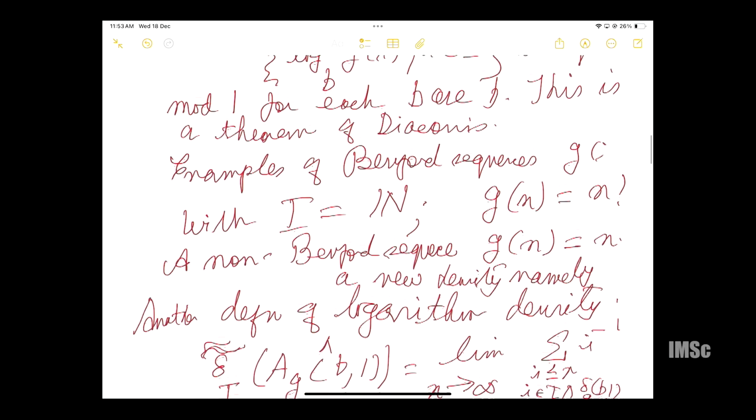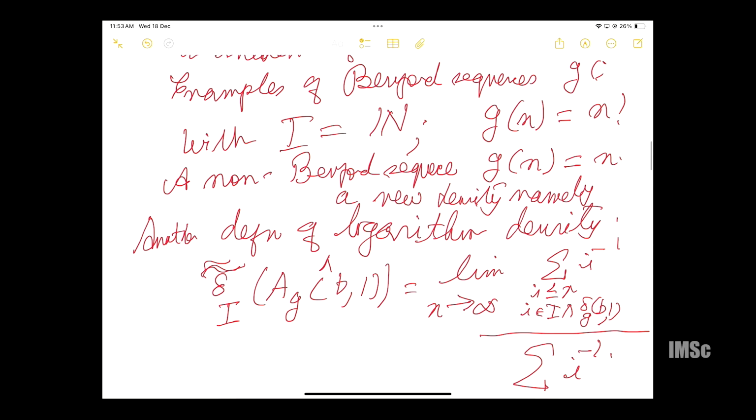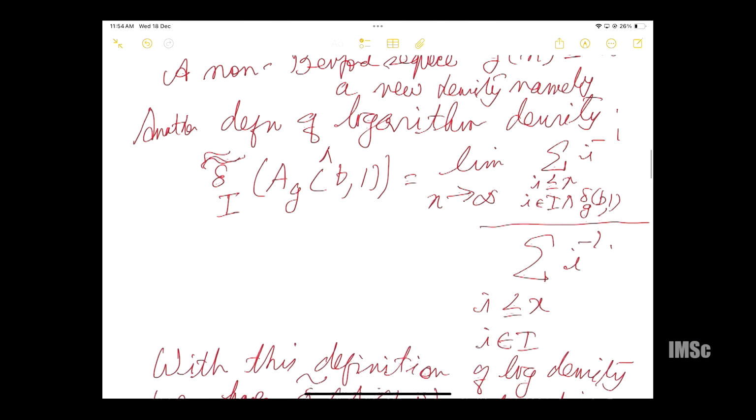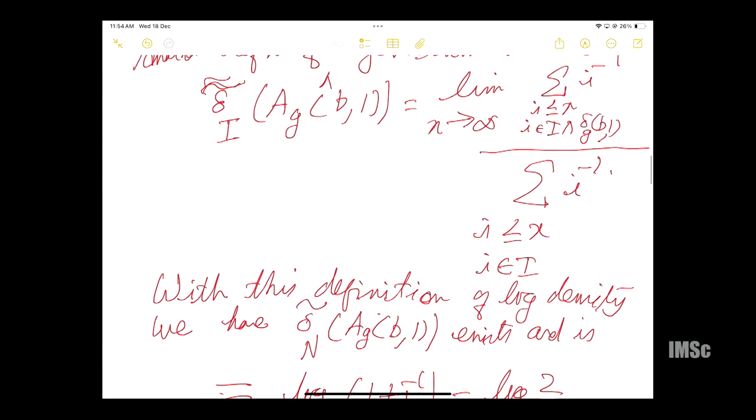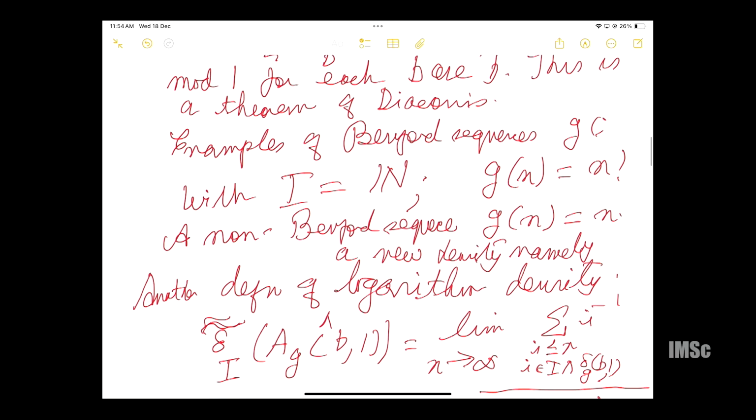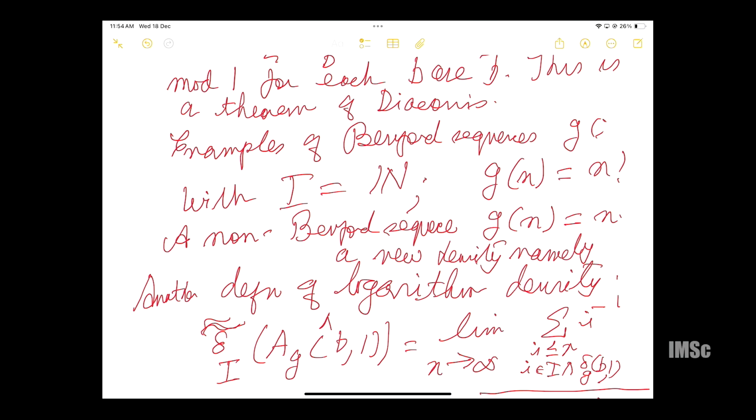So, examples of Benford sequences: one which follows the law is G_n equal to n factorial.